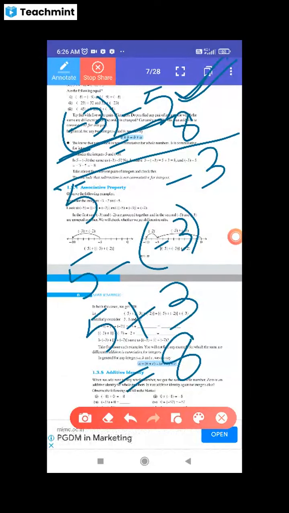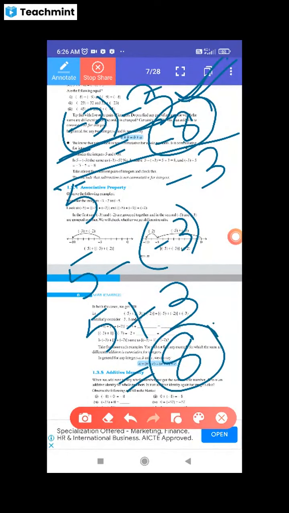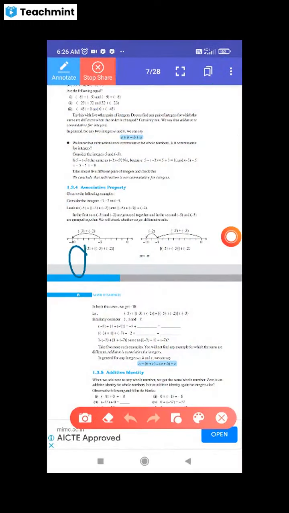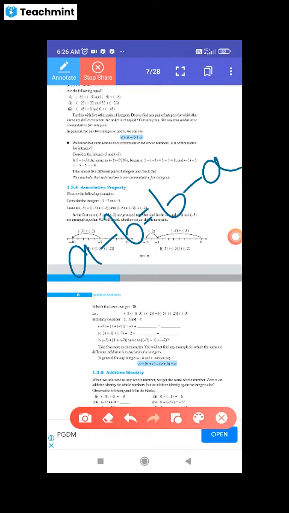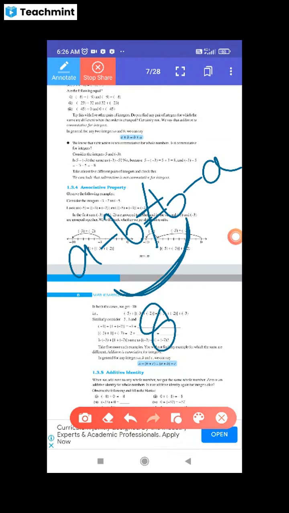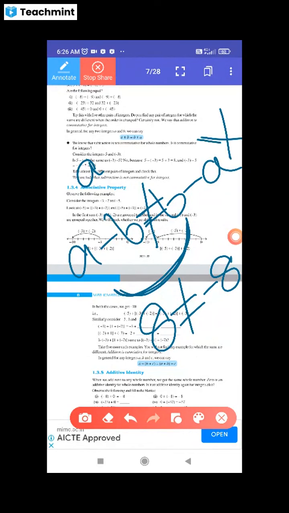So the answer is minus 8, here 8. Are these two equal? No, ma'am. It means you must remember a minus b is equal to b minus a is not possible. These two answers are not equal, because 8 is not equal to minus 8. So commutative property under subtraction is not possible.